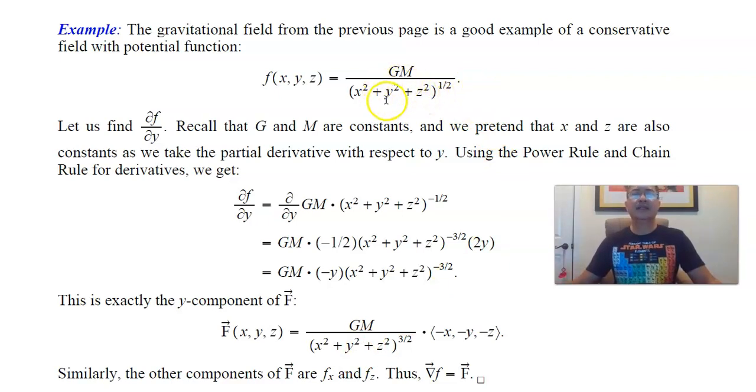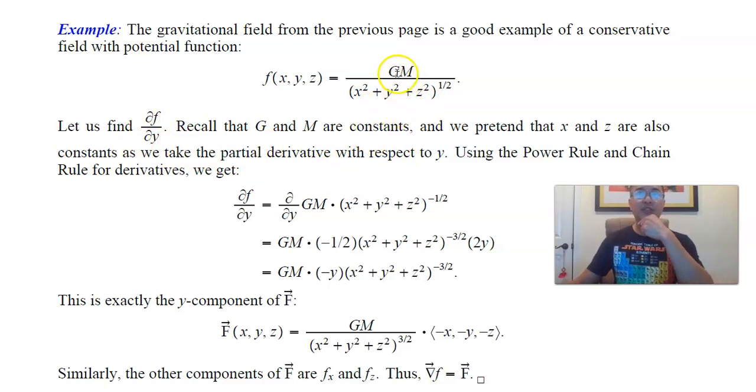If I'm just going to give you this function, all you have to do is check that the 3 partial derivatives are correct. Not very satisfying. I mean, you're not 7 years old. You can do calculus on your own, but it's coming. So take the partial derivative, this one with respect to y.